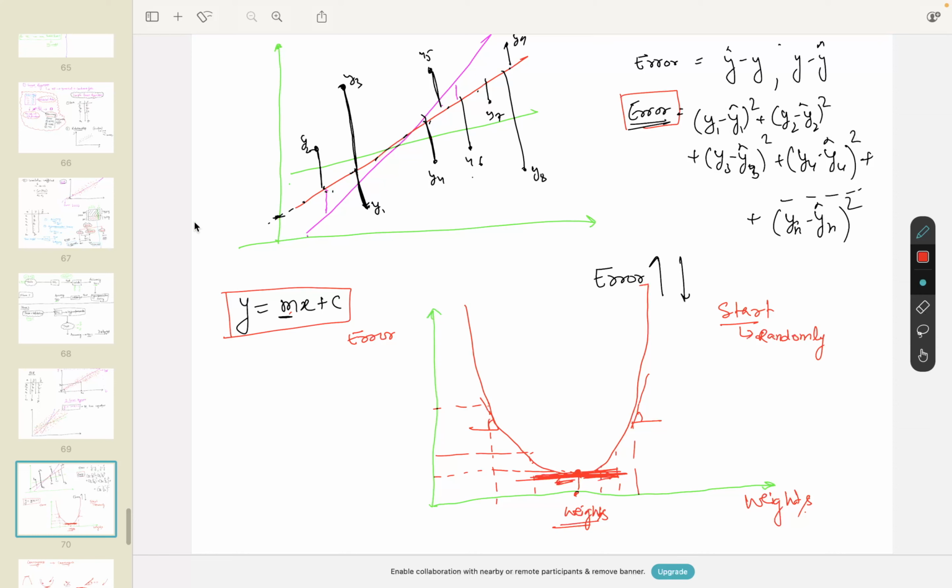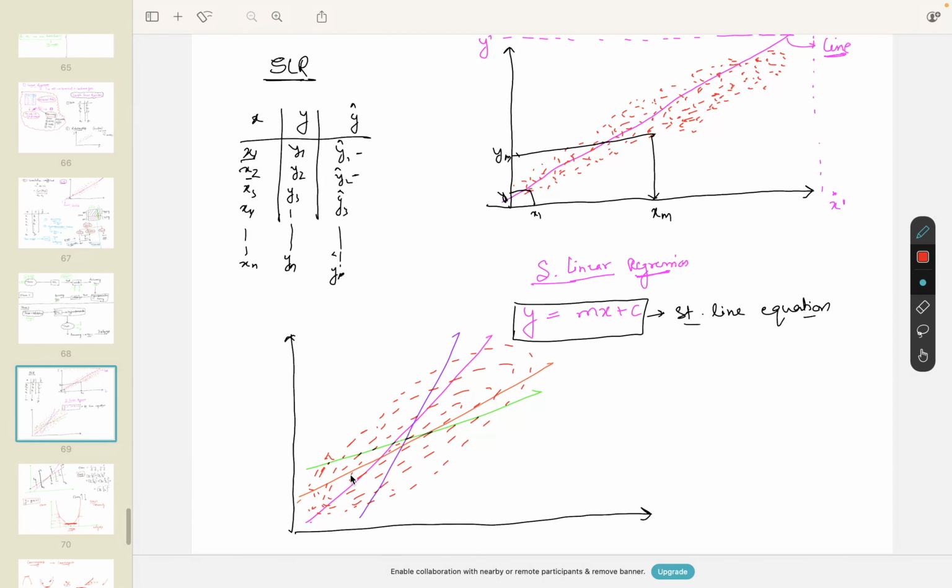And we try to take that line which has the minimum error. There can be a number of possible lines among the data points, as we discussed, so only that line will be taken which has the minimum error.